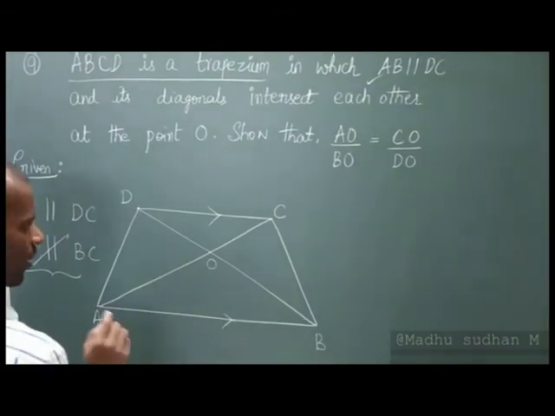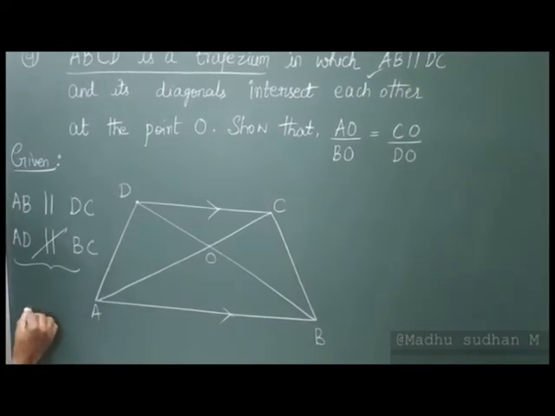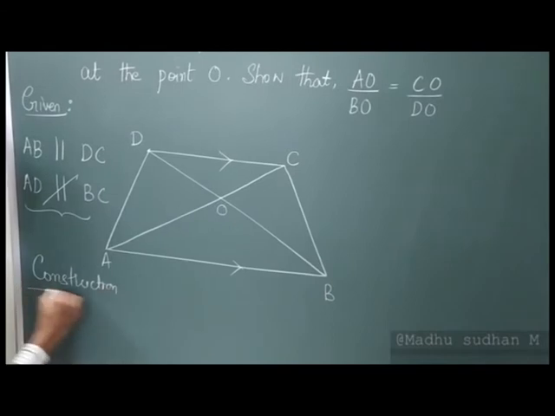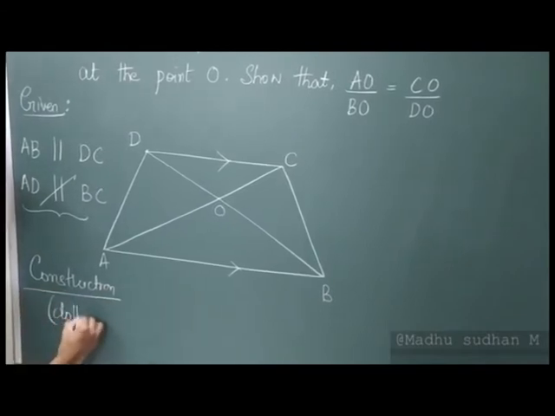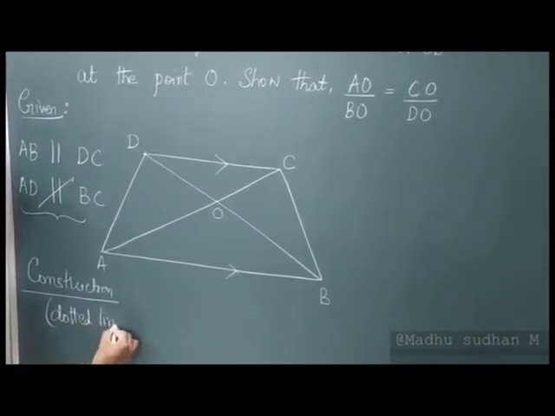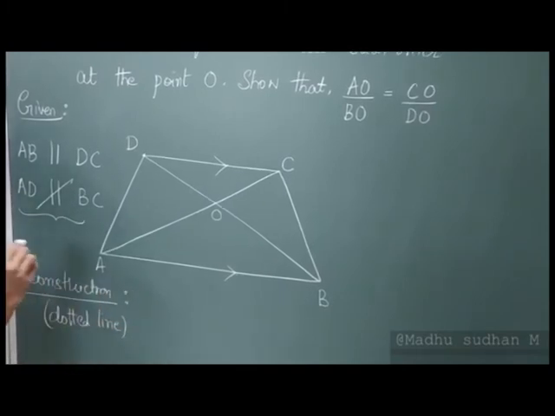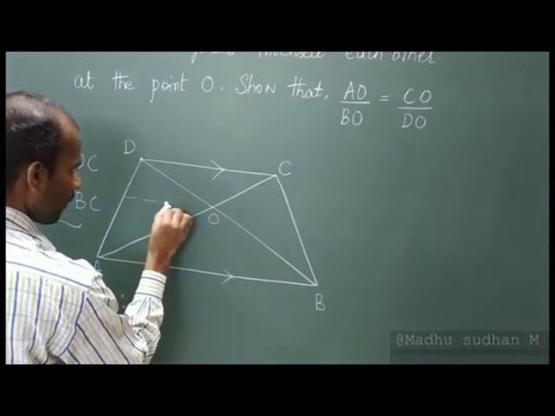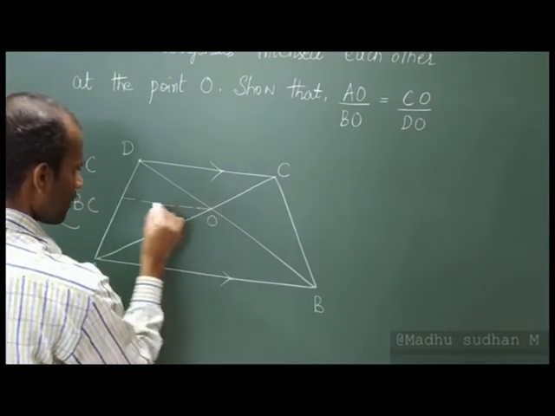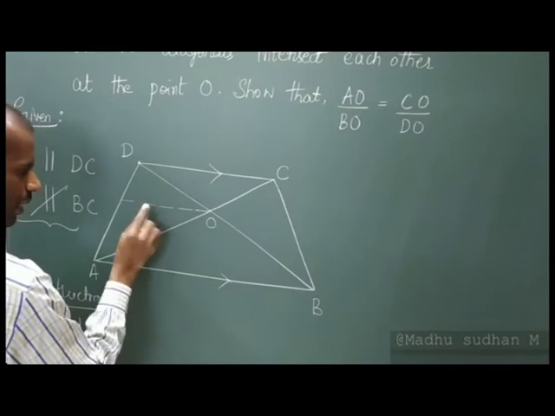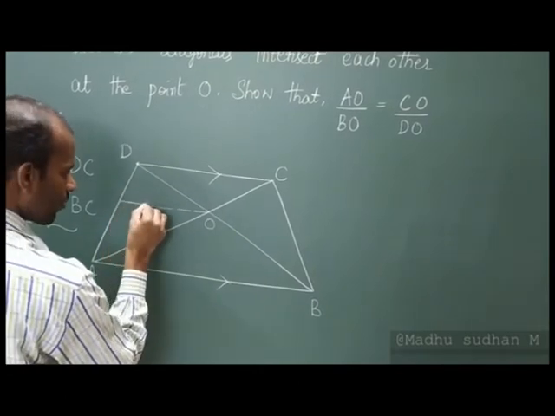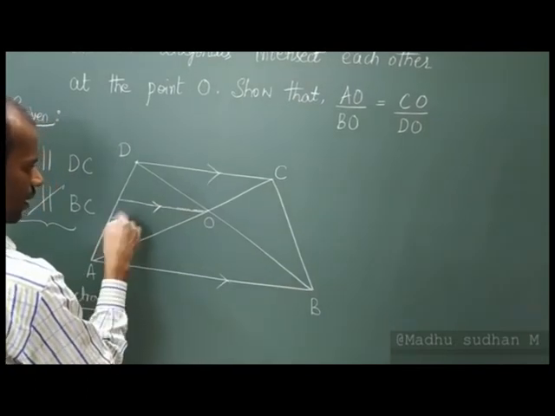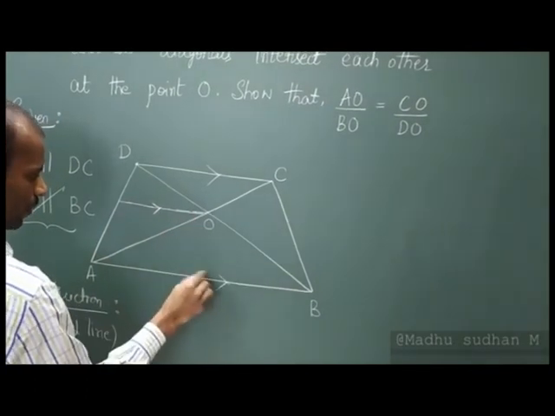We need to make one construction here. So construction is always in dotted line. So let me construct a line which is parallel, say this line, dotted line. So now I shall join this only for our better understanding. This line is a construction, and this line is parallel to this line.